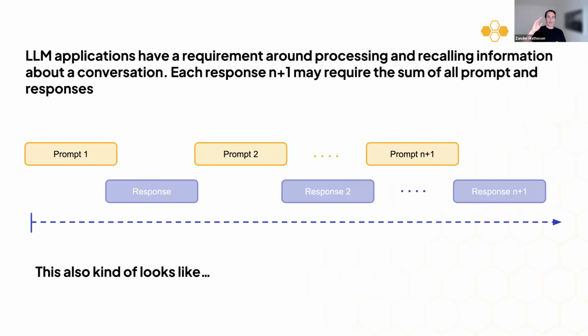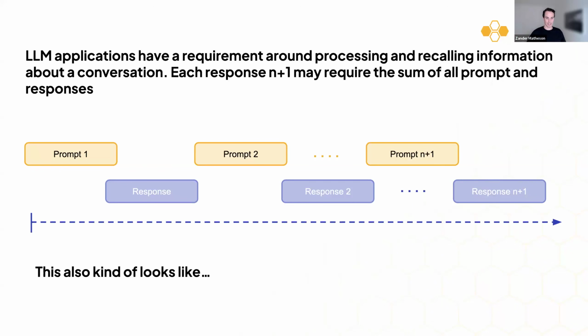LLM applications have a unique requirement in that they normally have to maintain an idea of what has happened in the past over a sequential set of prompts and responses. They need to know what has happened so that for each next response, they can correctly answer.